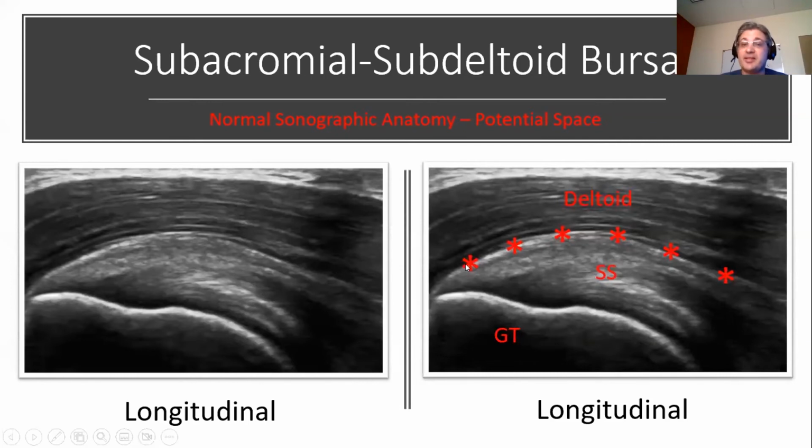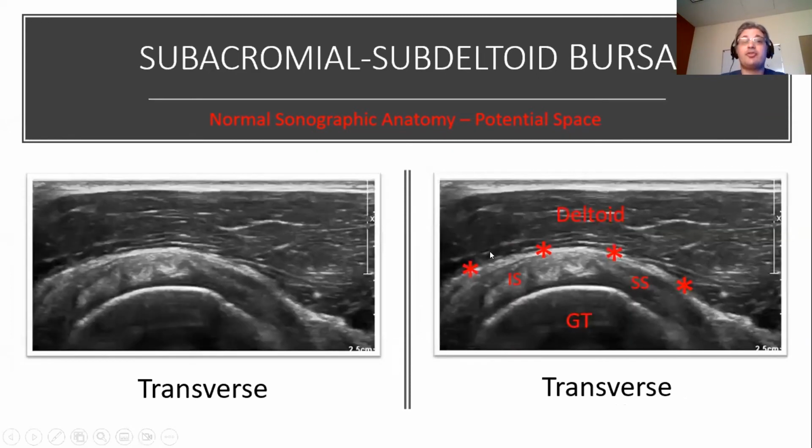Of course, in someone without bursitis in this area, the subacromial subdeltoid bursa is a potential space. It's not sonographically visualized. In the transverse sonographic image, the same anatomic relationships are preserved: the deltoid, the rotator cuff, the greater tuberosity.